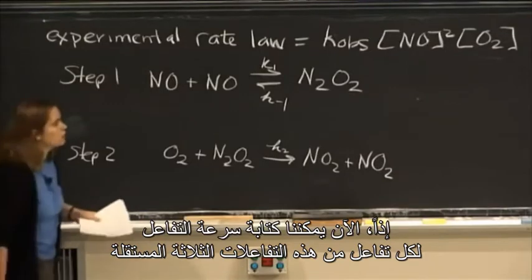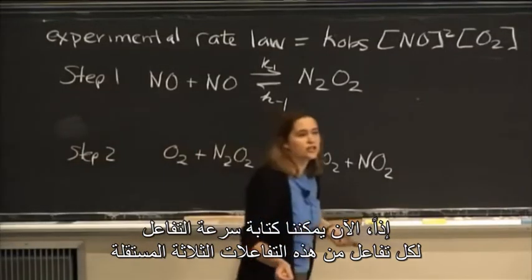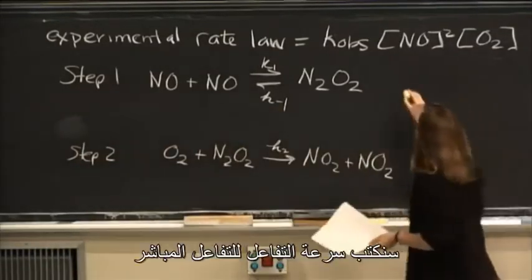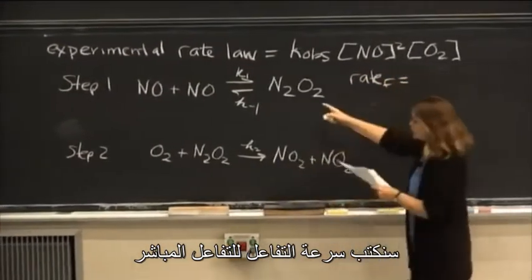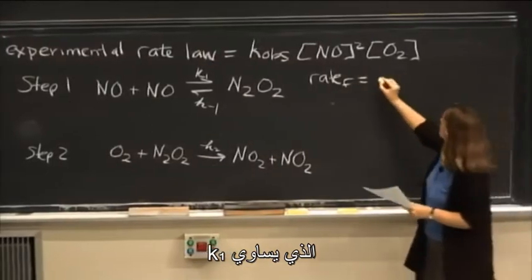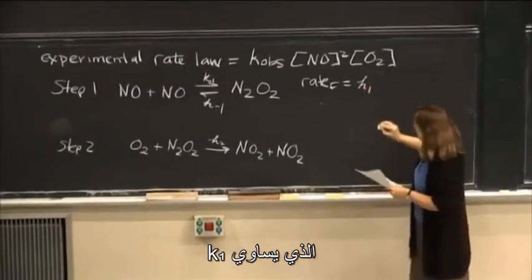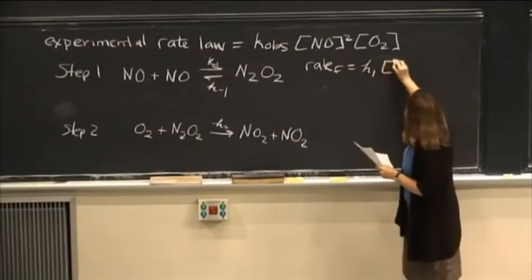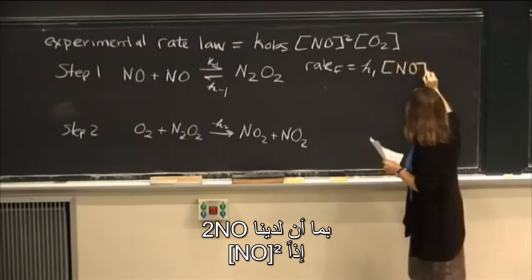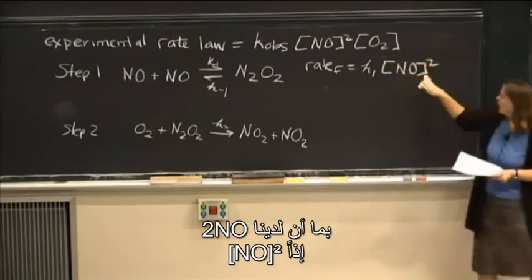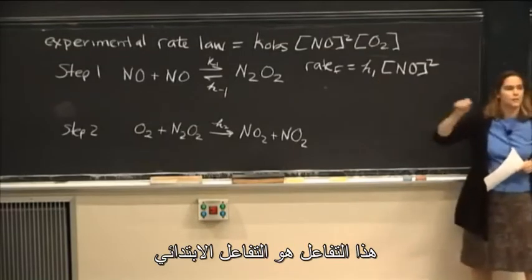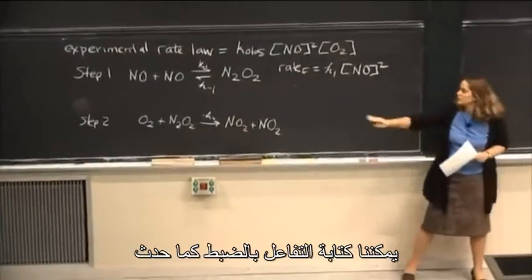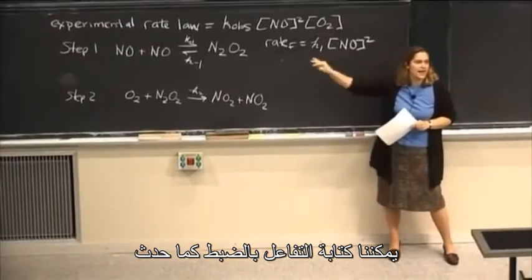So now we can write the rates for each of these individual steps. We can write the rate for the forward reaction here. And so that's going to be equal to K1 times NO squared, since we have 2 NOs. And again, this is a step or an elementary reaction, so we can write the reaction exactly as it occurs.